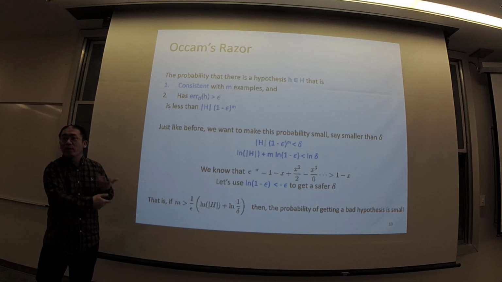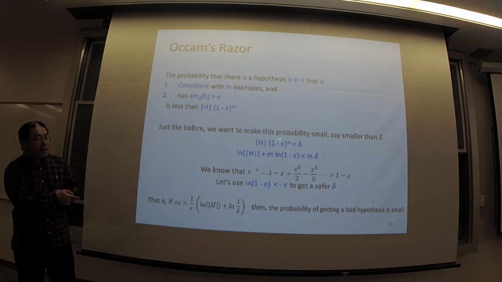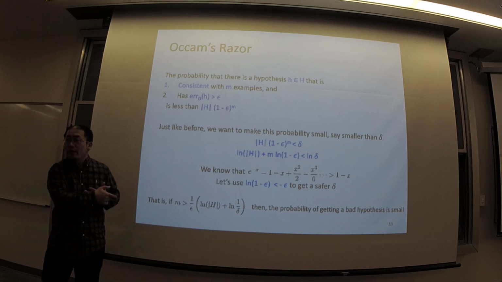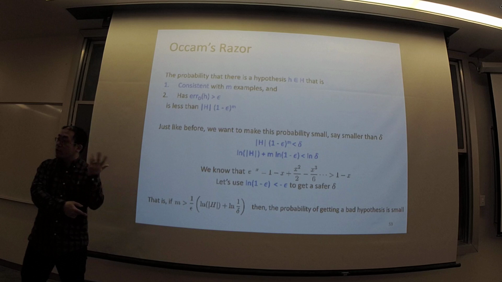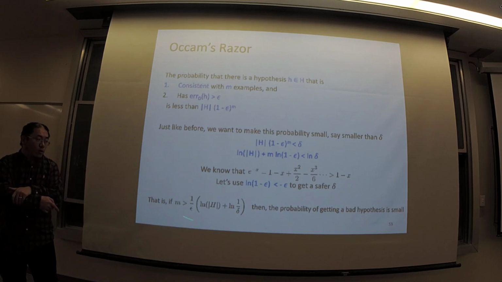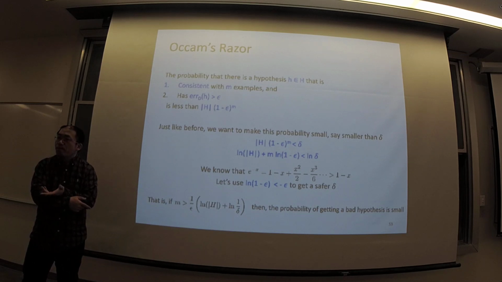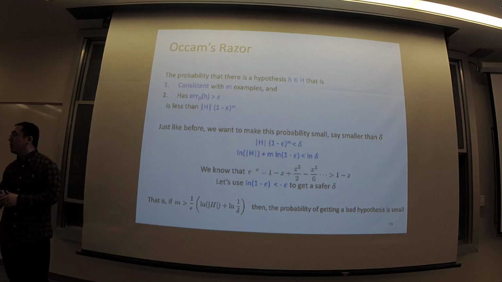You might use even fewer examples to make the probability that you end up with a bad hypothesis smaller than delta. But here it's just a theoretical trick, just to give you this bound to get some kind of information and insight. Any questions so far?